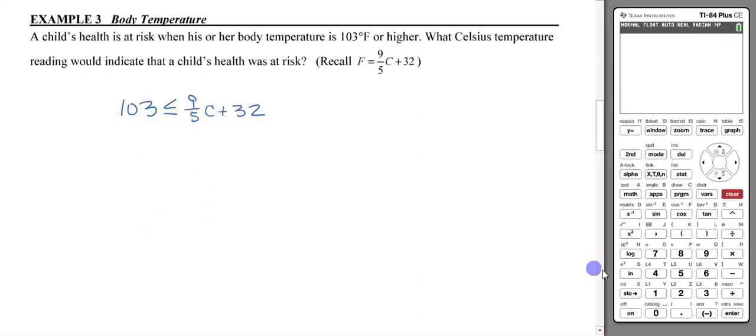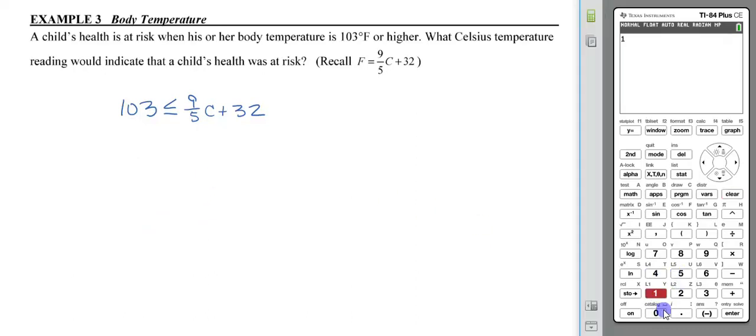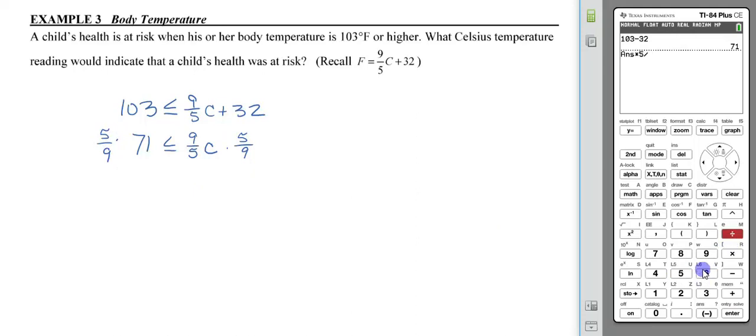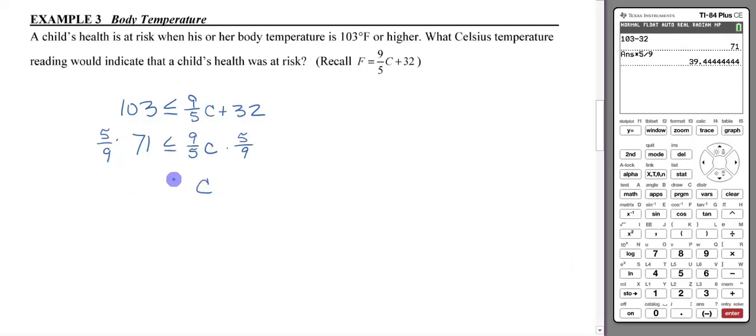What we'll do is go ahead and subtract 32 from both sides of the inequality. That gives me 71 is less than or equal to 9/5 C. Then I multiply both sides by 5/9, and that's going to give me C greater than or equal to 39.4 degrees.